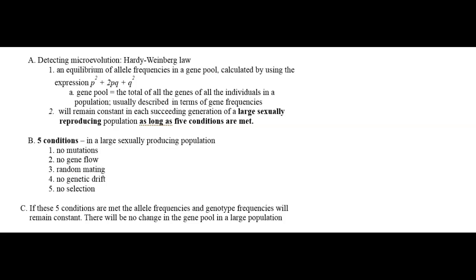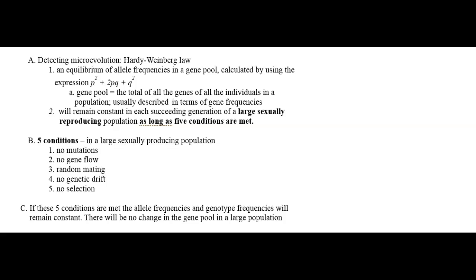So the 5 conditions, besides being large and sexually reproducing, we talked about no mutations, no gene flow, random mating, no genetic drift, and no selection. So let's go now and look at those 5 conditions. Because if those 5 conditions are met, the allele frequencies, therefore the genotype frequencies, will remain constant.